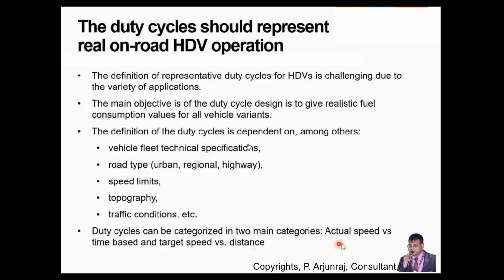So this can be categorized with respect to what is the maximum actual speed with respect to the time, and also the target speed we have targeted as per the specification with respect to the different classes of the vehicle and what is the distance for the particular vehicle.